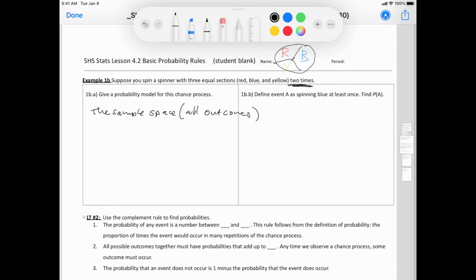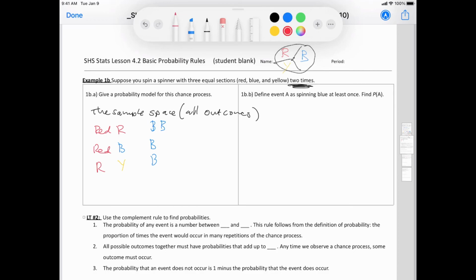And you're spinning this 2 times. So you have red and another red. You can have red and blue, or you can have red and then yellow. Or if you do the blue outcomes, you have blue, and you can spin it again and get another blue.